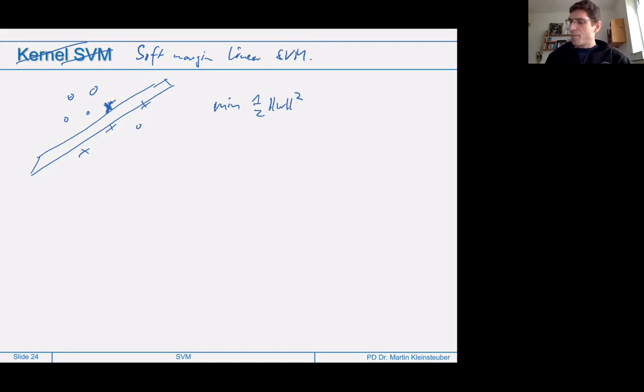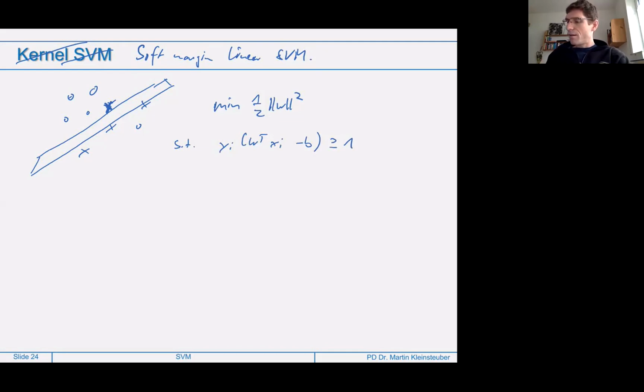That was fine. And then we had here, subject to, these constraints, right? That the yi, so the classification of our W transpose xi minus b, was greater or equal than 1. This is our traditional problem, our original problem.